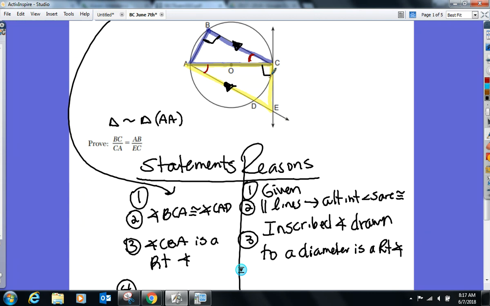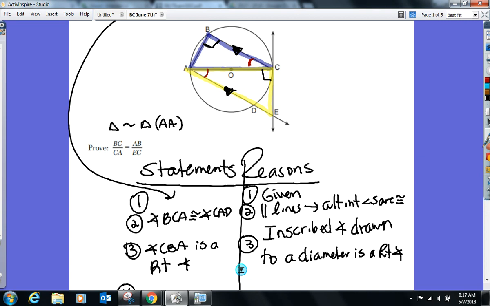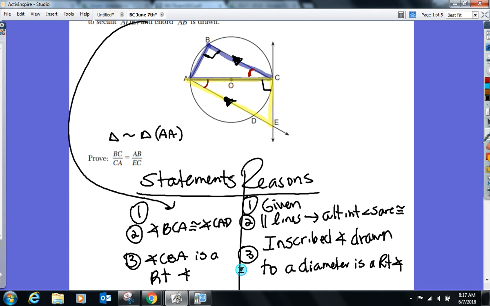I don't want you to say diameter drawn to a tangent. I want diameter drawn to, what's this point here? Point of tangency. But, whoa. The theorem doesn't say it's a right angle. What's the theorem say? These two are perpendicular. That's what I need to say first, is that AC is perpendicular to CE.